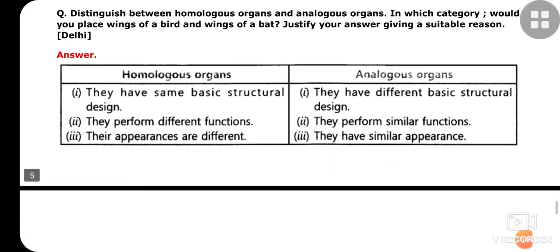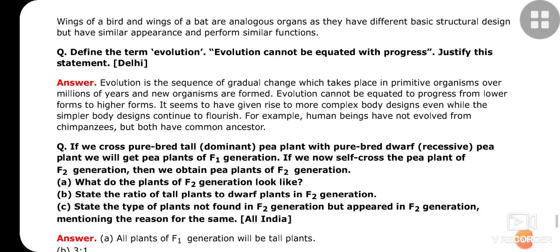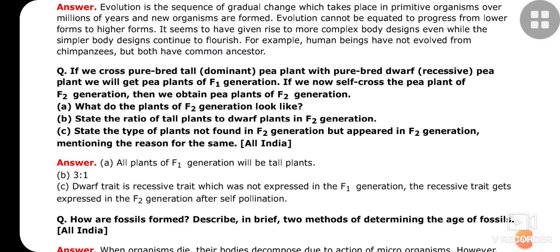This is not in your syllabus. If we cross purebred tall dominant pea plant with purebred dwarf recessive pea plant, we will get pea plants of F1 generation. If we now self cross the pea plants of F1 generation, then we obtain pea plants of F2 generation.